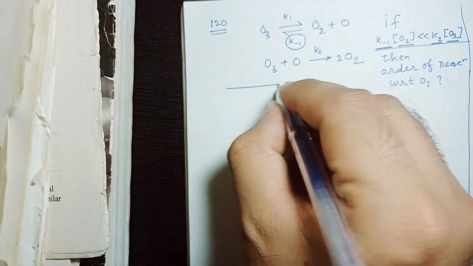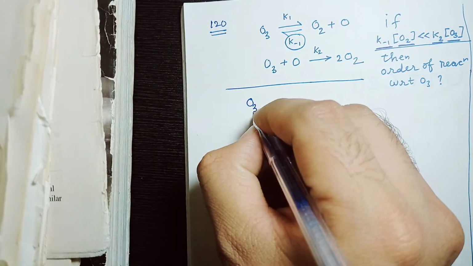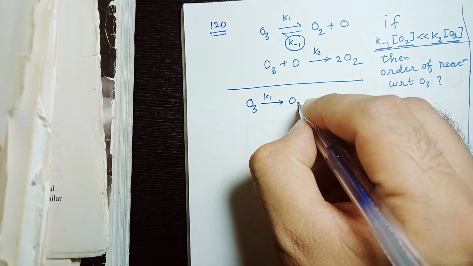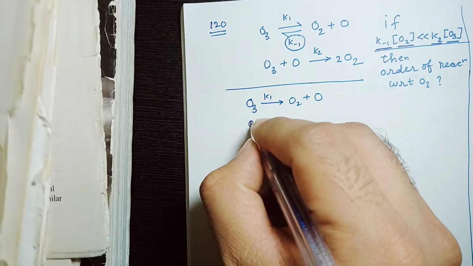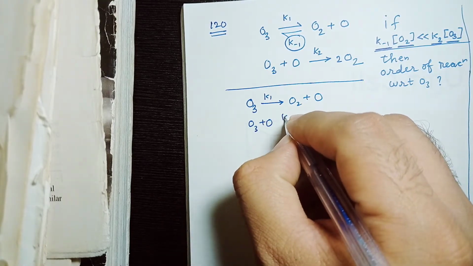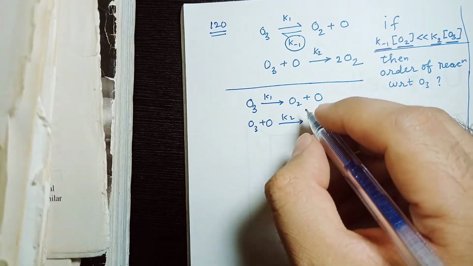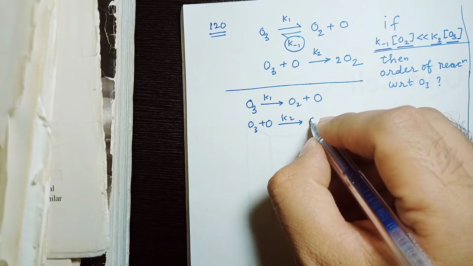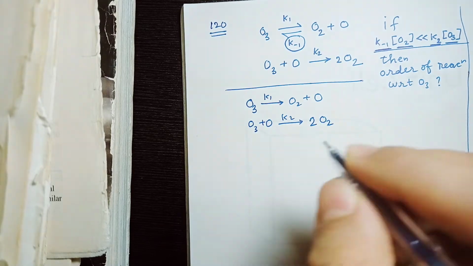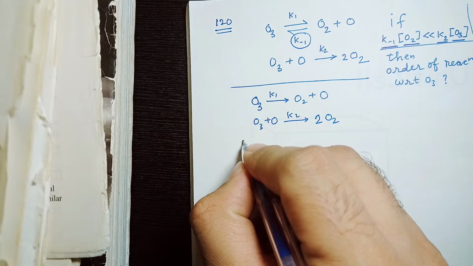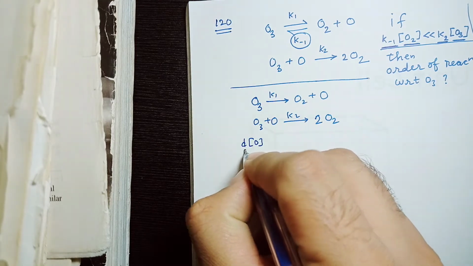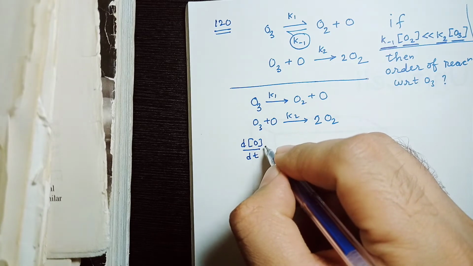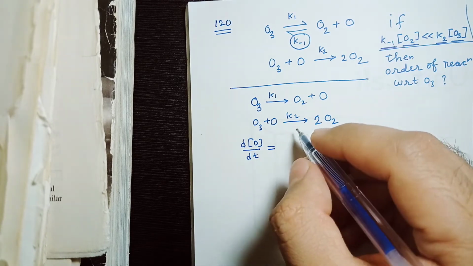So what it becomes? It becomes this. Now we can apply the steady state concept. The concentration of oxygen radical with respect to time is constant.